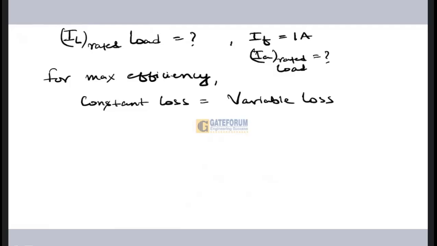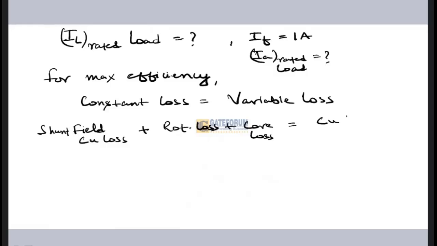Constant loss will be your shunt field copper loss plus rotational loss plus core loss, and the variable loss will be your armature copper loss. The shunt field loss will be VT into IF. Rotational loss and core loss we have already found from the no load developed power, which is 438 watt.